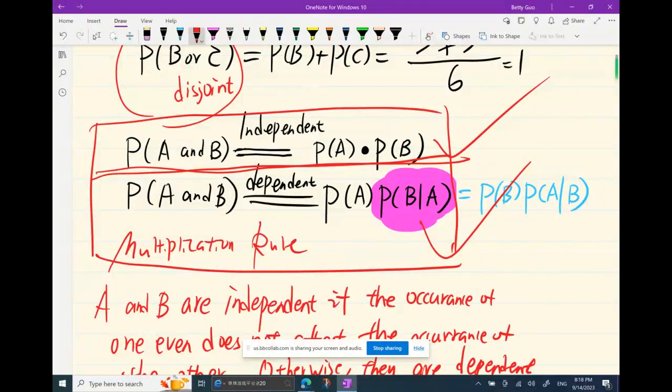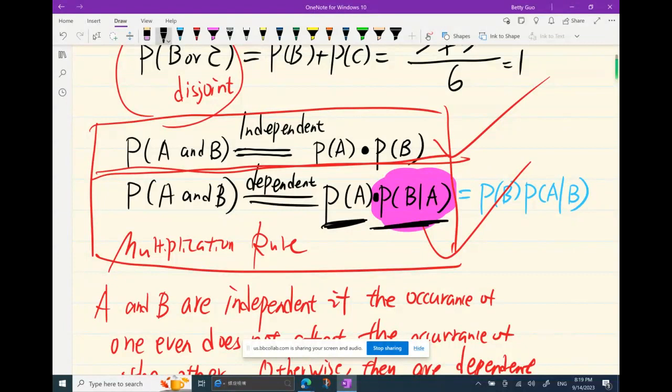But if it's dependent, that might take a little bit more time because the formula is also multiplied, by the way. But you have to identify the order. Suppose A occurs first. You firstly multiply the probability of A and then multiply the probability of B given A already occurred.